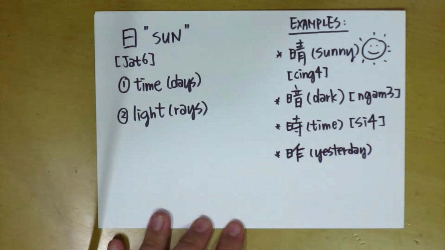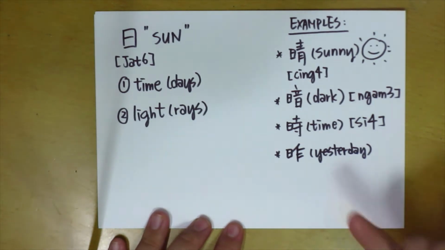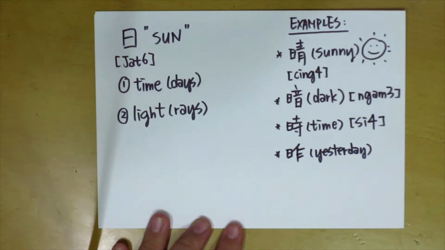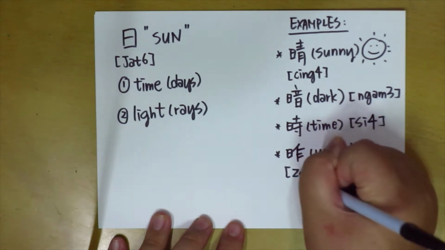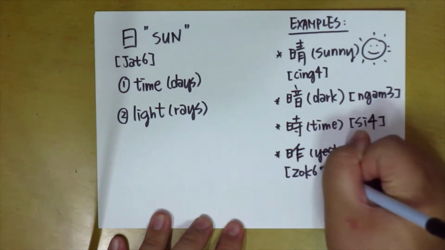Like 昨天 is yesterday, but 昨晚 is yesterday night. And this one is a written character, so no one in a spoken form would say 昨天. Okay, and the pronunciation is like this.